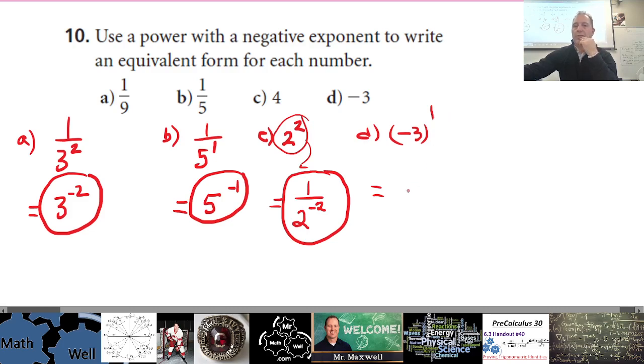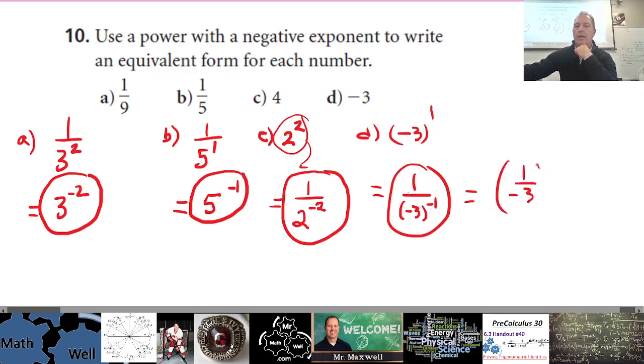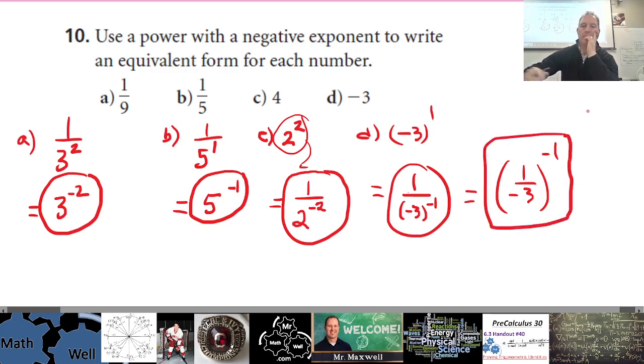Two different things you could do, really. You go 1 over negative 3 to the negative 1. That works. Or you could go 1 over negative 3 as a fraction like this, and then all to the power of negative 1. So remember, we did this as well. That works too.